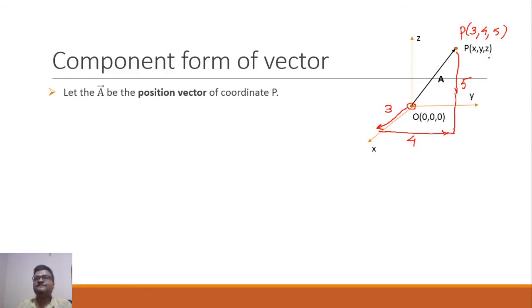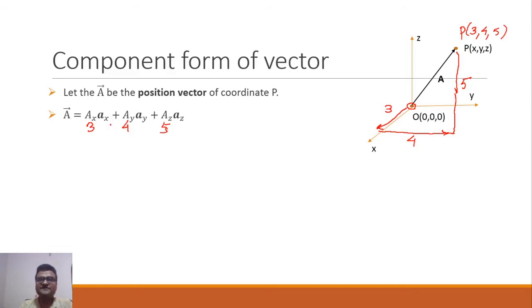So if we want to write a vector which is locating this point P, we have to write it like this. In our example, A_x is 3, A_y is 4, and A_z is 5. So A_x, A_y and A_z will tell us the distance this point has traveled in the x, y and z direction respectively.